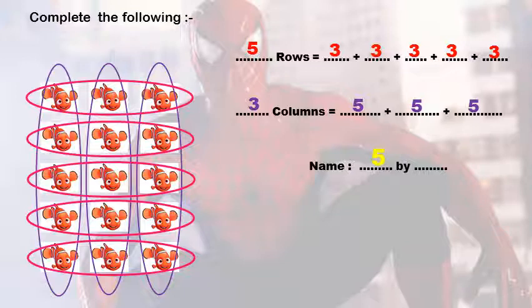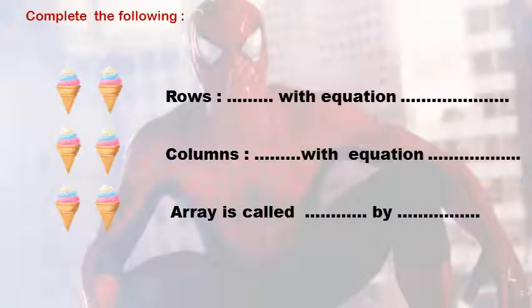And the name of this array is going to be what? 5 by 3. Don't forget that each time we write the array name, we have to start from the rows. We are going to say 5 by 3, starting from the rows, then the columns.